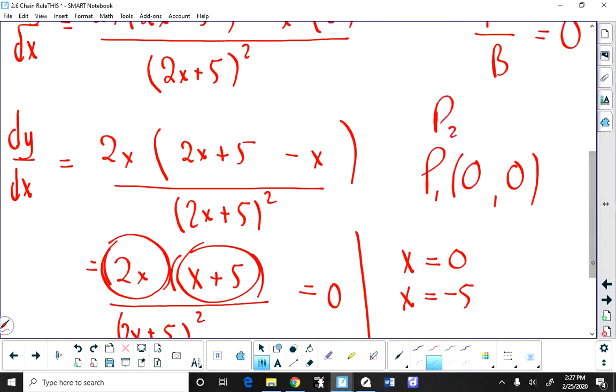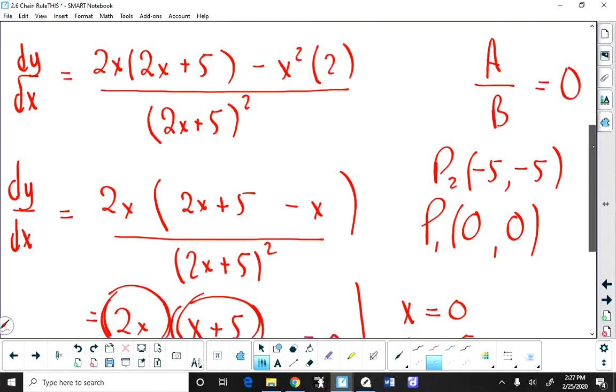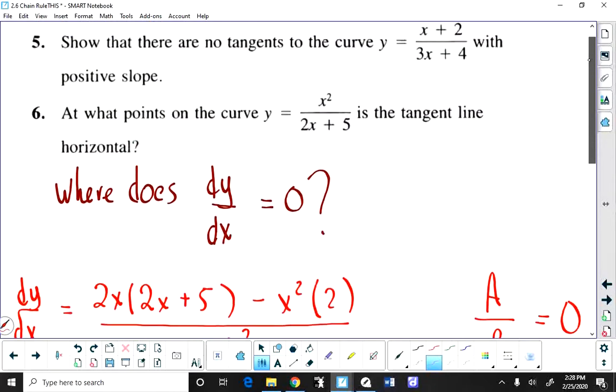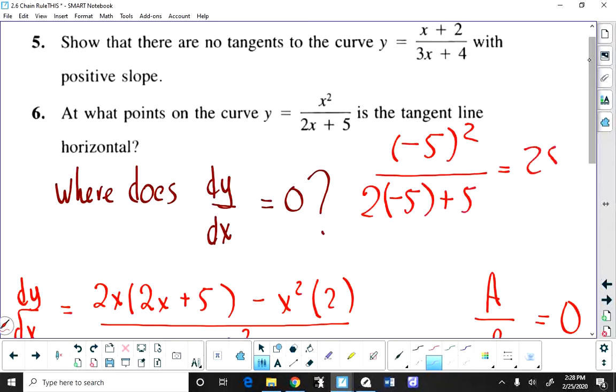So the second point, was my math right on that y coordinate? The back says it's +5. I think it's -5. I think it should be -5. You know what we could do?